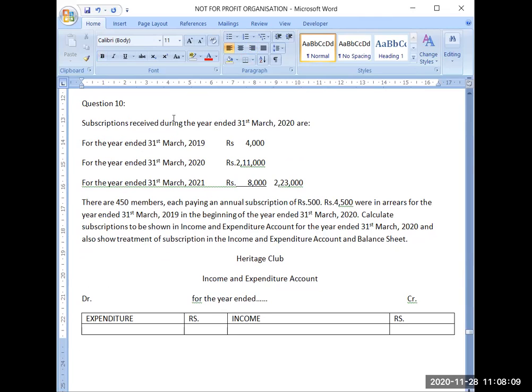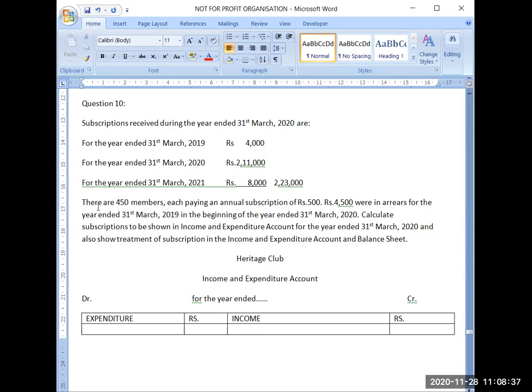This type of information you will usually get in the receipt and payment account, segmenting them in three sections. So for the last year, you have received rupees 4,000. It is clearly mentioned here. For the current year, 1920, you have received rupees 2,11,000. And for the next year, you have received rupees 8,000. So total amount of subscription received is 2,23,000.